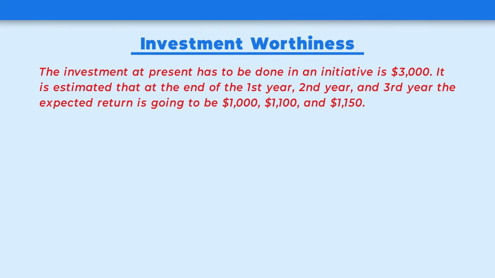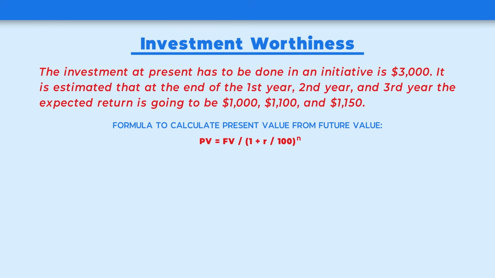So let's see, by using our concept of future and present value, how does this work out? So the formula for calculating the present value from the future value is as shown here. Present value is equal to future value divided by 1 plus r by 100 raised to the power n, where this r is the discounting rate or the discount rate. So consider it to be 5%, since we have considered this in the previous example as well.